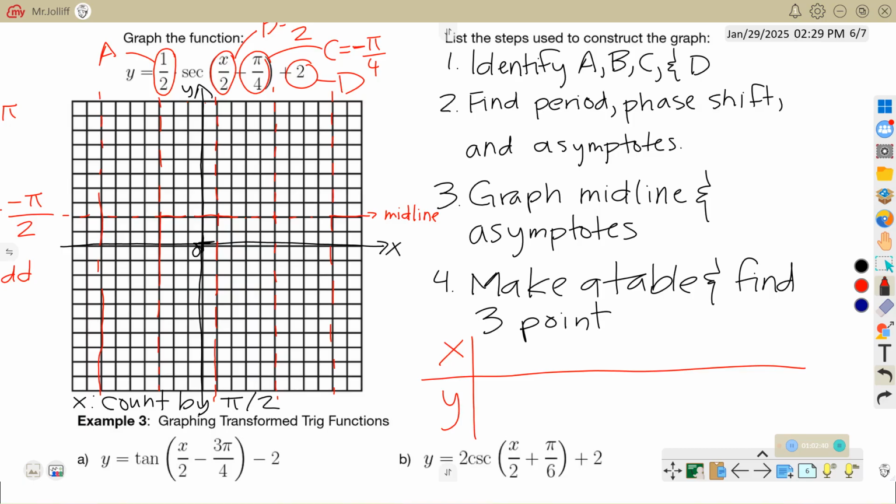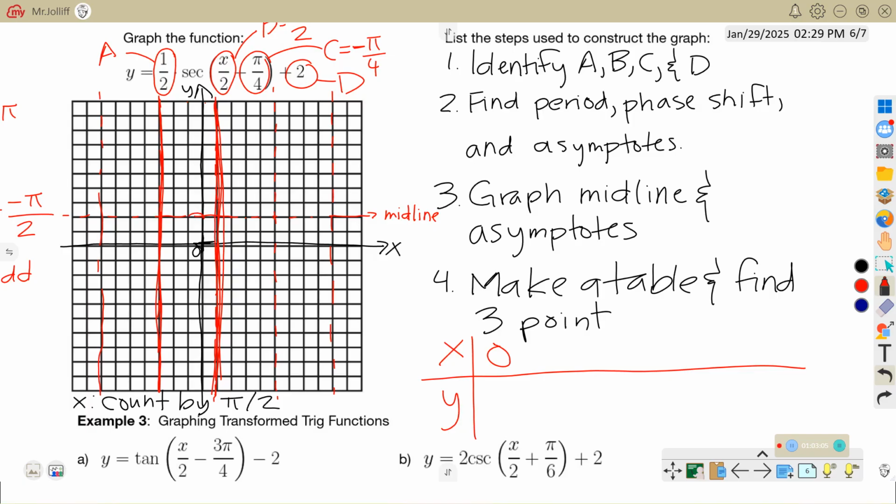And I'm going to look in one section of the graph. So I'm going to focus on the section of graph between this asymptote and this asymptote. I want to look in here. And in between there, I see 3 points. If I go back one step, I'm at 0.